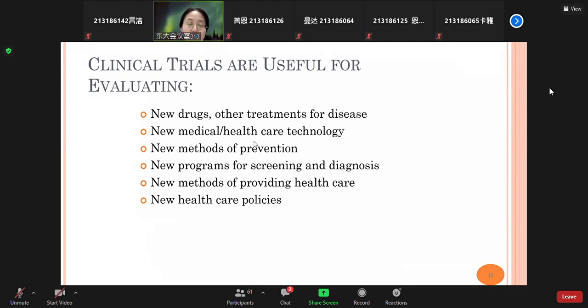And also some medical or healthcare technology, maybe some new ways of prevention, maybe a new policy, maybe some programs for screening and diagnosis, and so on. Okay, because all of these trials will be carried out in human beings.